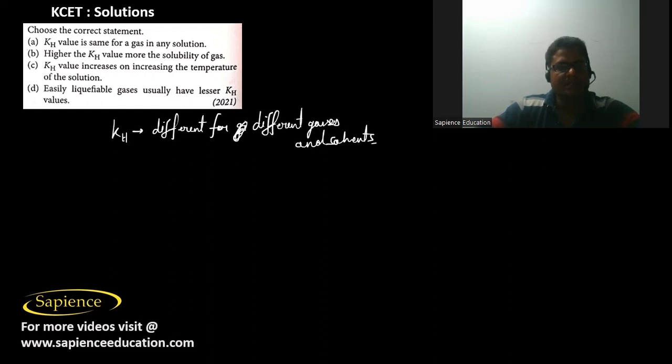Higher the KH value, more is the solubility of the gas, no, that is also wrong. Lower is the KH value, more amount of gas will be soluble in the solvent. So the solubility of the gas will increase then.